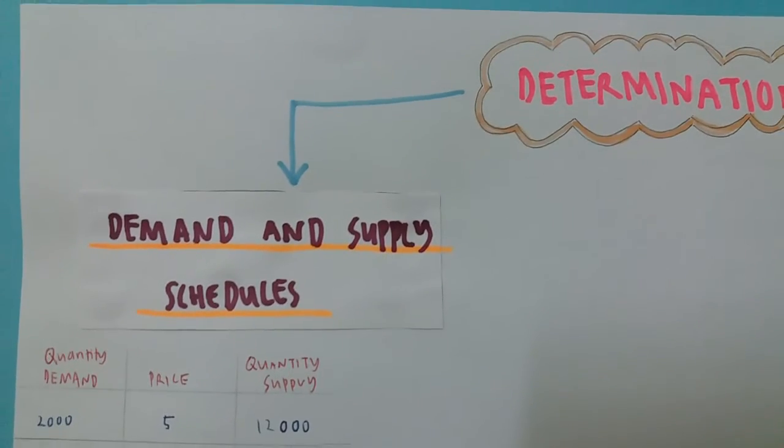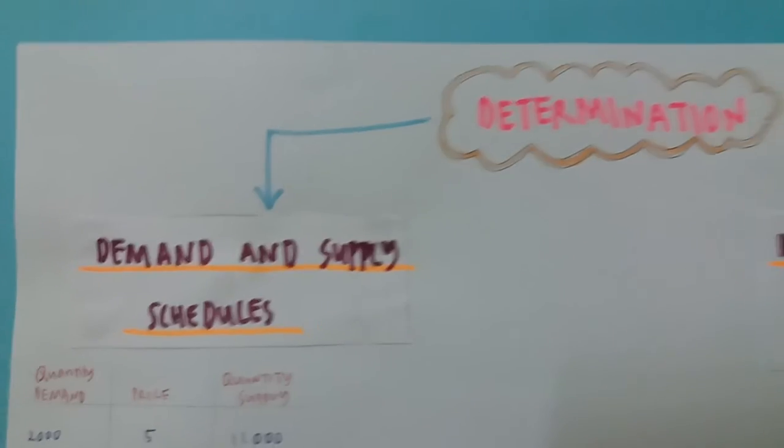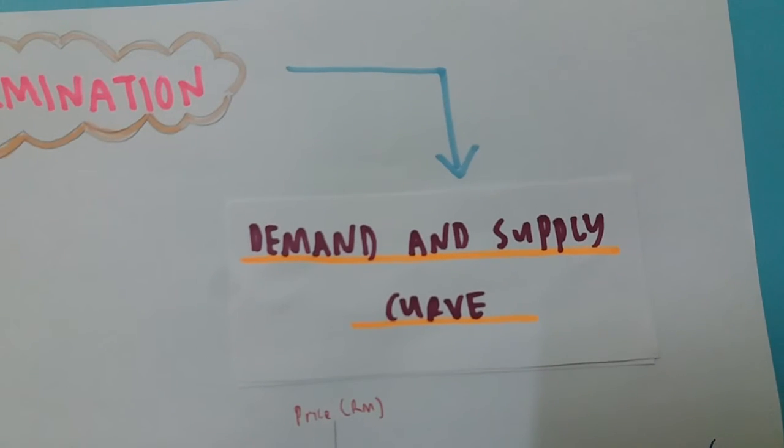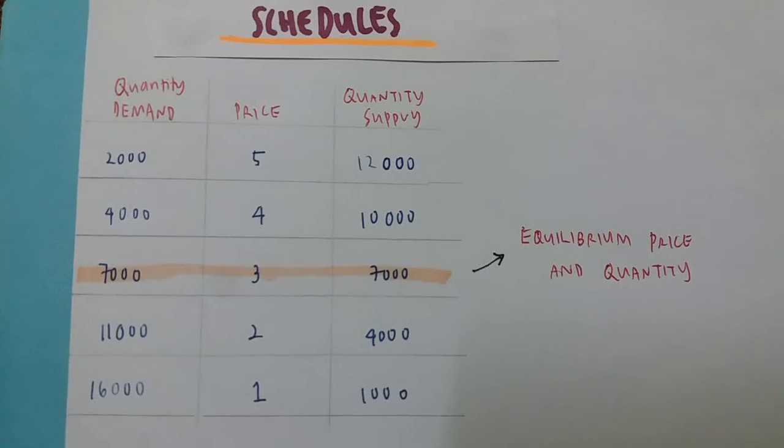Okay, so there are two ways to determine market equilibrium. First is by using demand and supply schedules, and second is by using demand and supply curve. First is by using demand and supply schedule. If the quantity demanded and quantity supplied is the same at a certain price, the quantity we call equilibrium quantity, and the price we call equilibrium price.